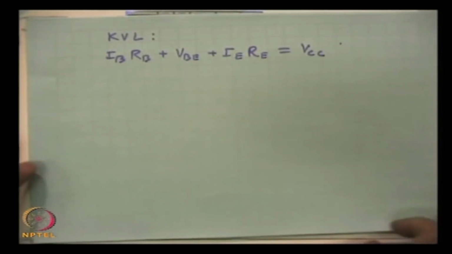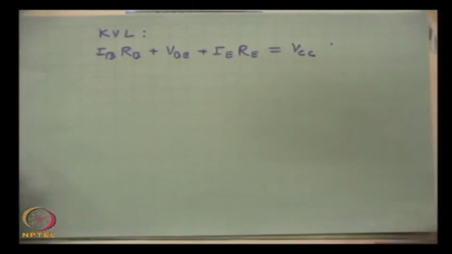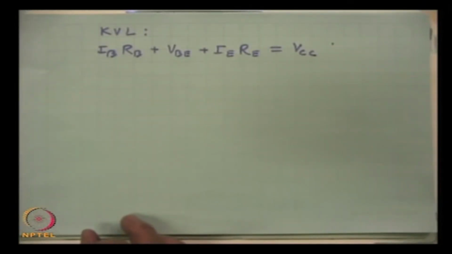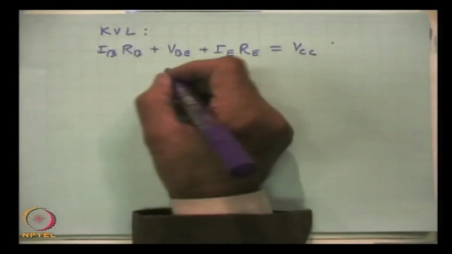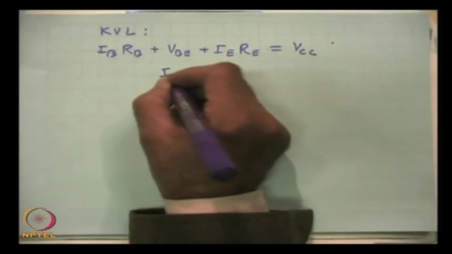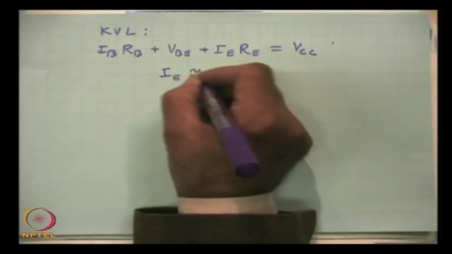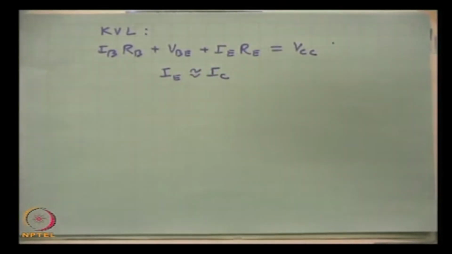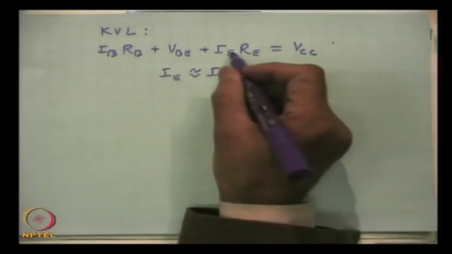You will remember a very fundamental thing which we talked about earlier, that in a bipolar transistor, when the emitter junction is forward biased and the collector junction is reverse biased, the emitter current and collector current are almost the same. This we make use of here.